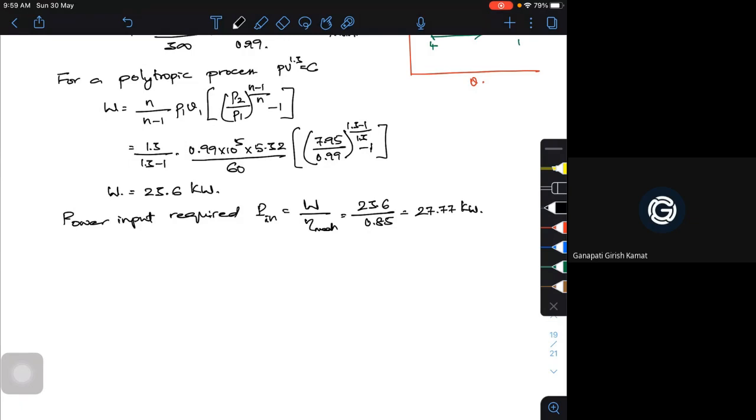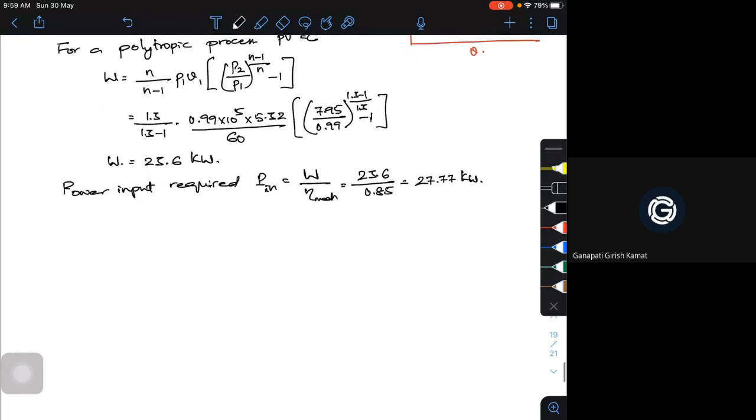Now, how to find the volumetric efficiency? I need to find it with respect to the atmosphere or free air delivered.